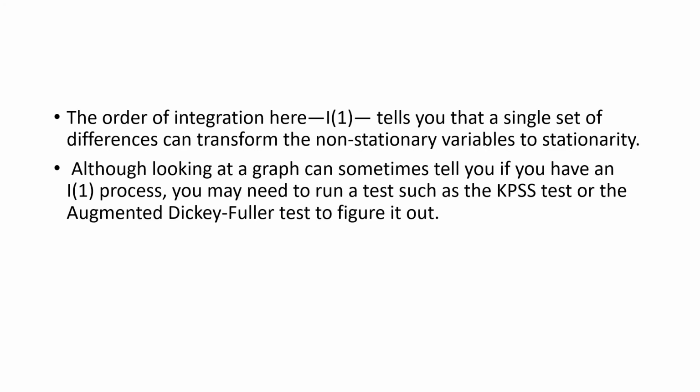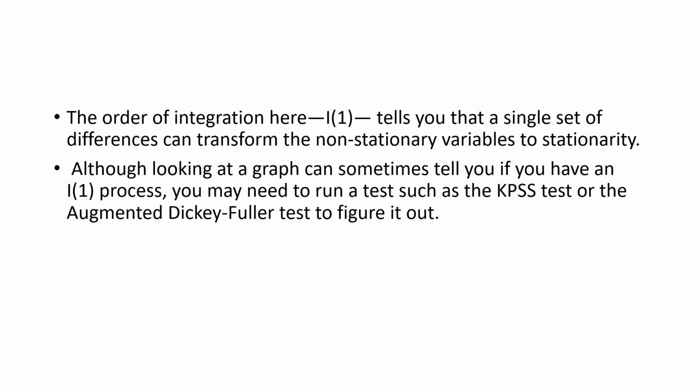It is very important to go for the order of co-integration, or the order of integration. This is something which tells you that if you're going for I1 integration, that means that a single set of differences could transform the non-stationary variables into stationary.